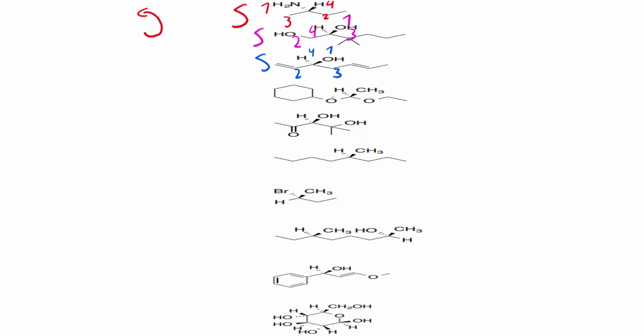Well, I'd rather have the cyclohexane group attached to me. So it's going to be number 1. This is going to be 2, 3, and 4. I'd rather have a large substituent than a small substituent. So this is a 1, 2, 3. That's an S configuration as well. Pretty freaky, right? Pretty weird. That's an S configuration.